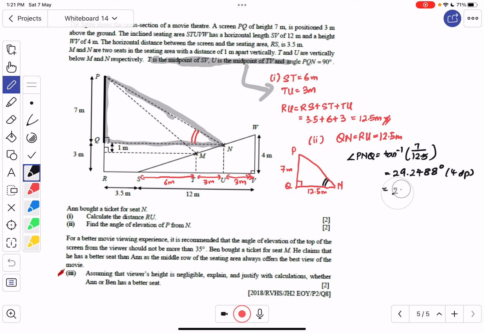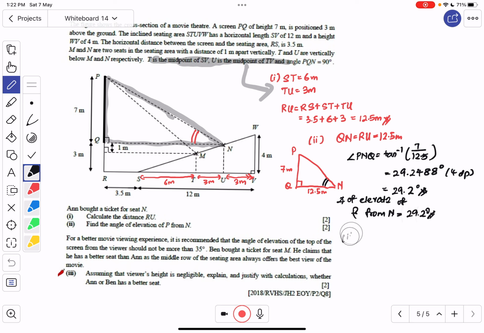Rounding off to 1 decimal place, we have 29.2 degrees. So that's the angle of elevation of P from N, which turns out to be 29.2 degrees.